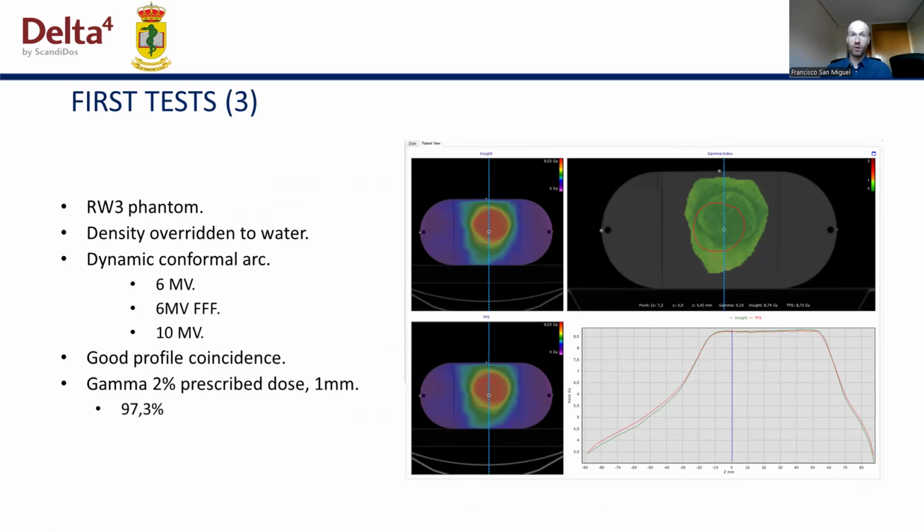Once again, the agreement with the treatment planning system can be confirmed to be quite good, with a gamma criterion 2%, 1 millimeter result of 97.3%. As can be seen, the dose profiles are also quite similar.